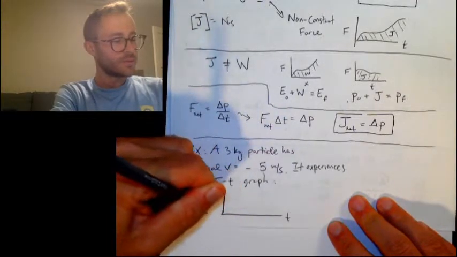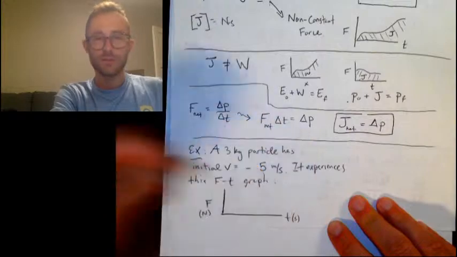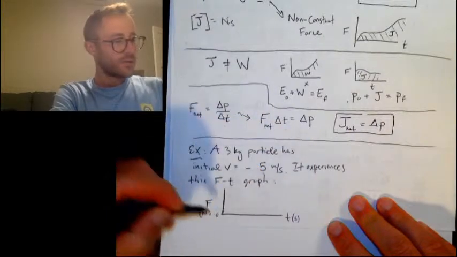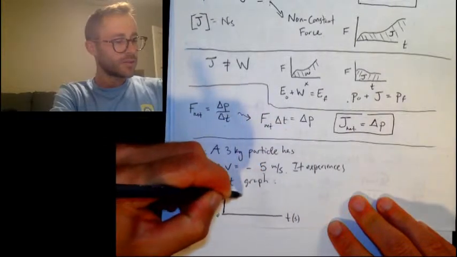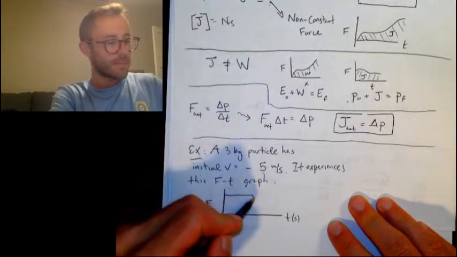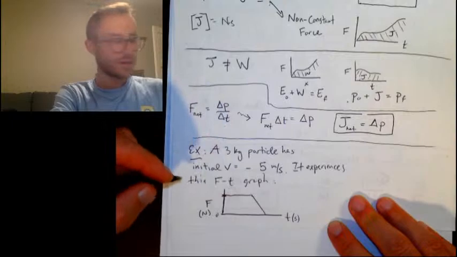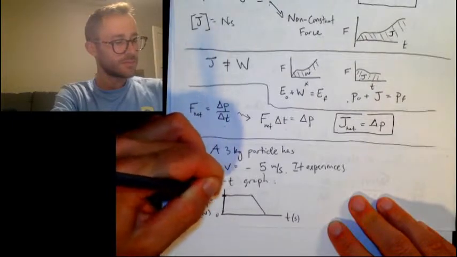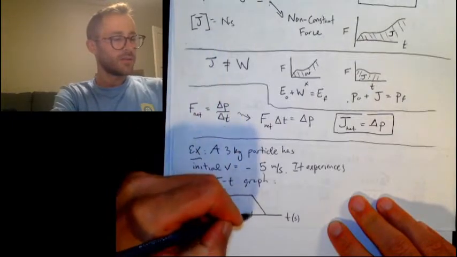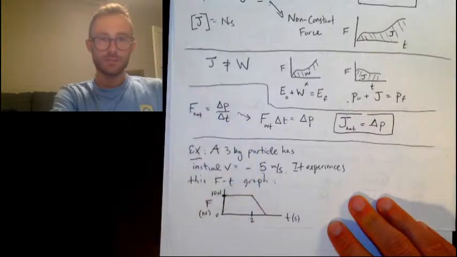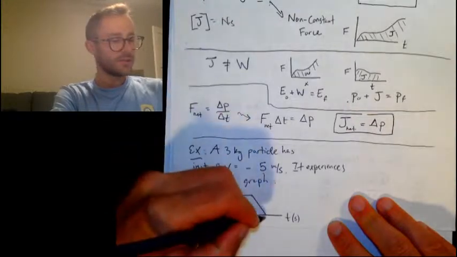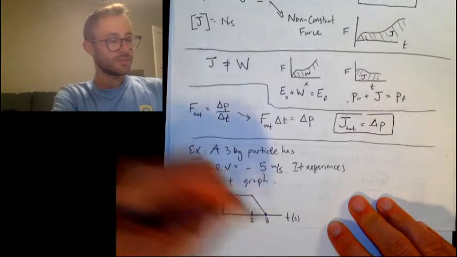Force in newtons, time in seconds. There's 0, and it looks like this. The peak force is 10 newtons. This is 2 seconds, and this is 3 seconds.